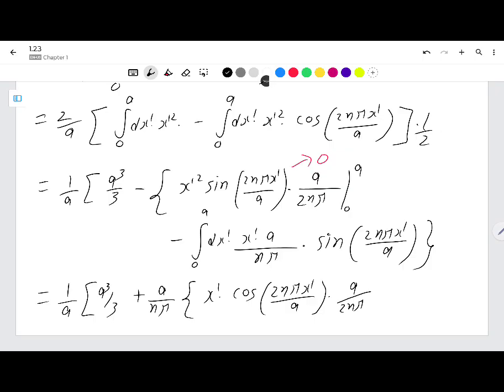There will be minus 1. This is equal to a.